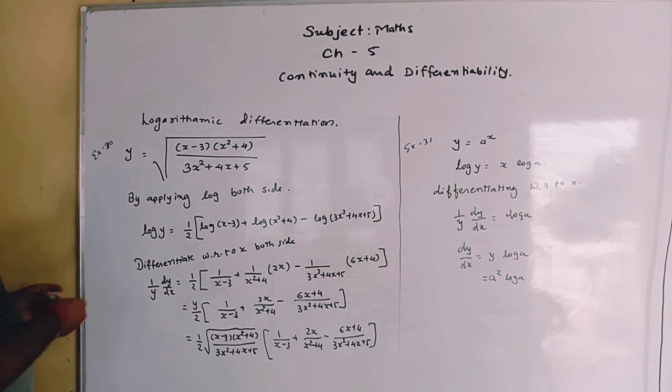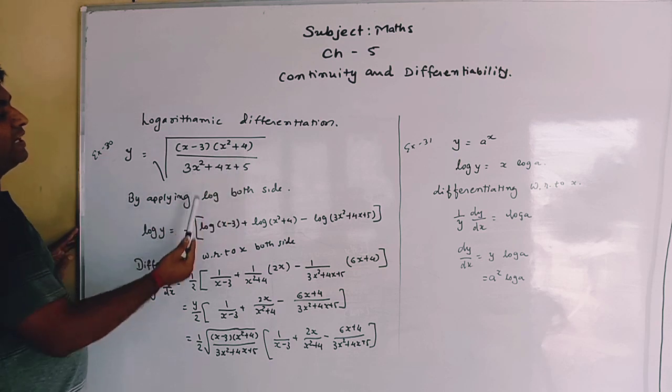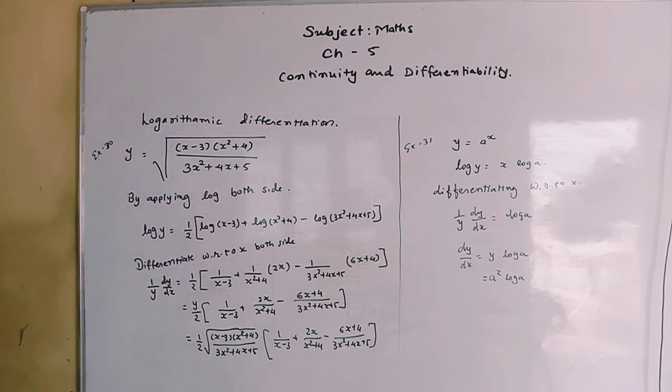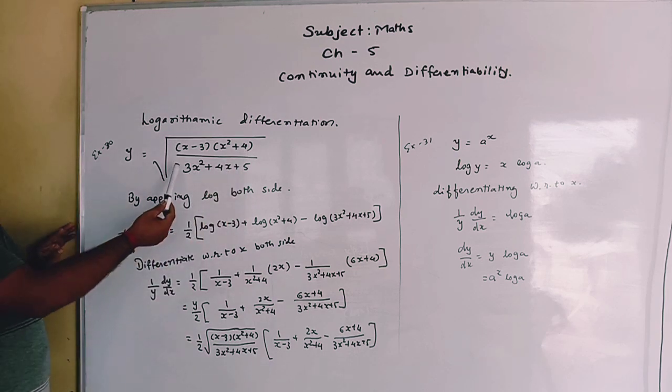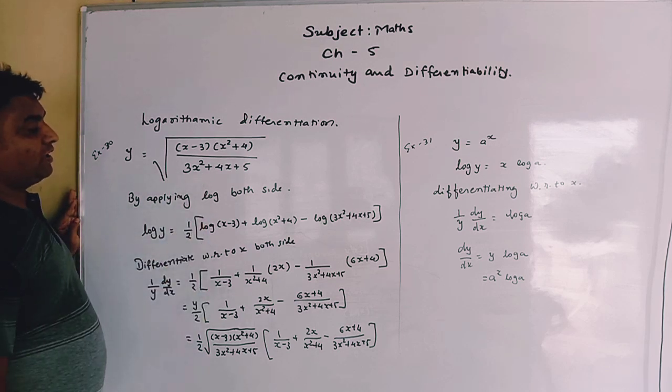Let's see some examples of logarithmic differentiation. Example 30: y equals under root of (x minus 3)(x square plus 4) upon (3x square plus 4x plus 5). By applying chain rule directly we can differentiate and get the answer, but it is very long and confusing.